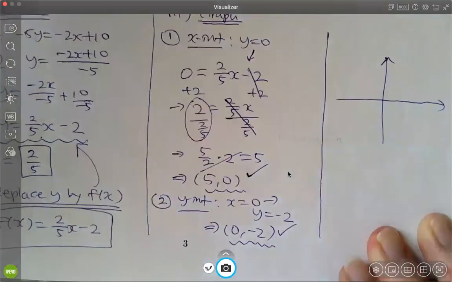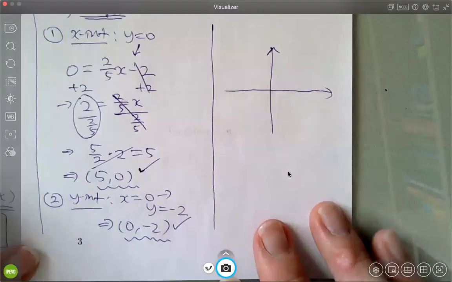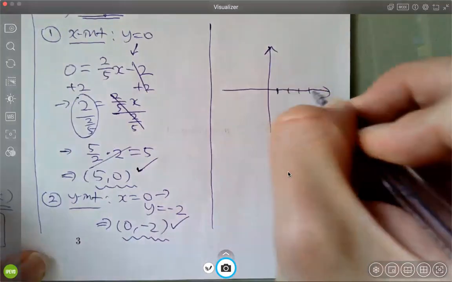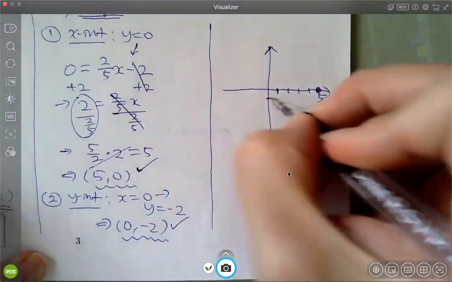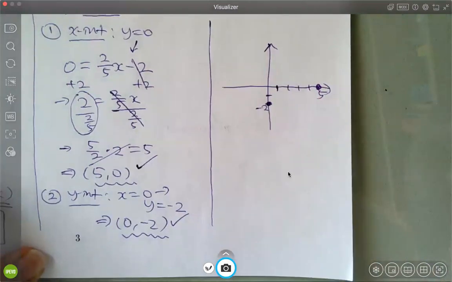Okay, so now plot these 2 points. So 5, 0. So 1, 2, 3, 4, 5. And then 0, -2 is somewhere here, right? So can you see the shape of the line from these 2 points?